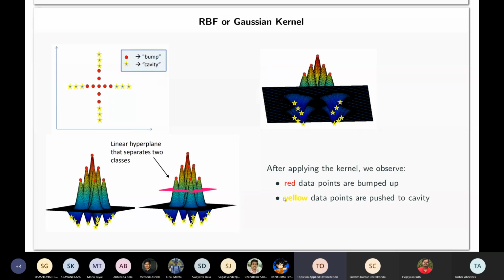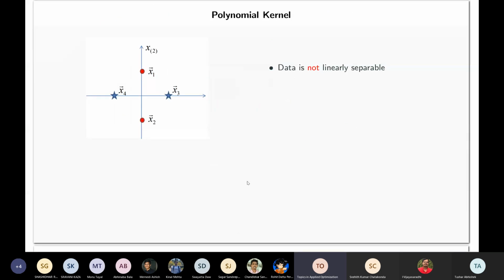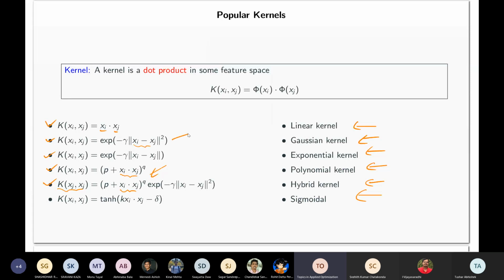So we can also apply the Gaussian kernel. I have not said anything in detail, but if you use the Gaussian kernel, it will make a bump like this, and then put a cavity like this, so one class will be pushed down, another class will be pushed up, and now they will be linearly separable. And again, the kernel computation, if we go back, the Gaussian kernel is this, right?